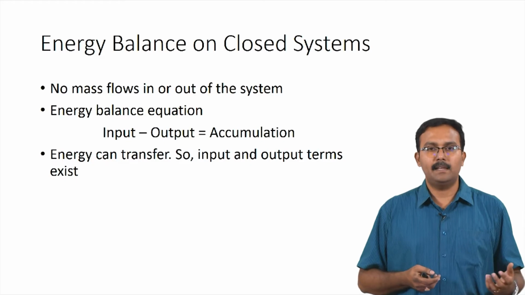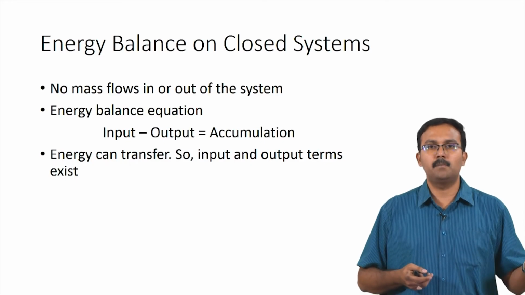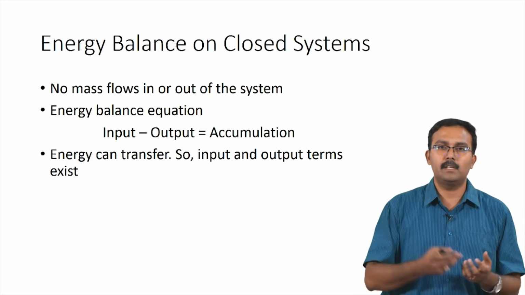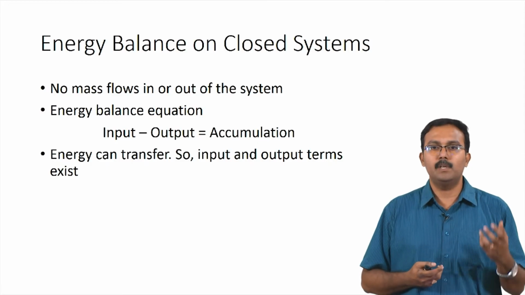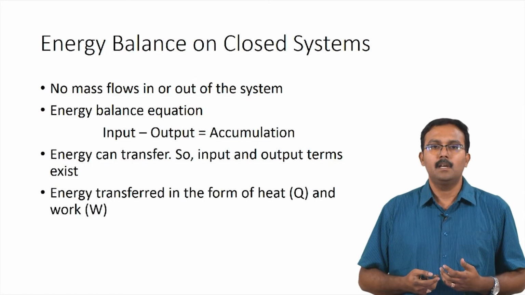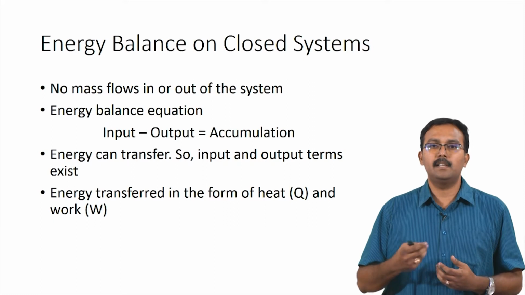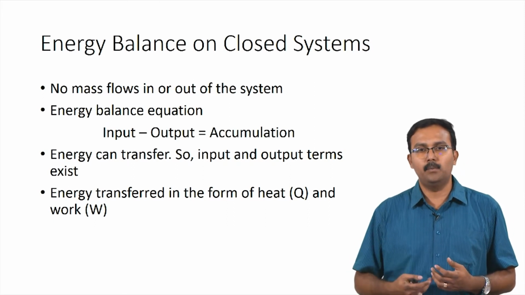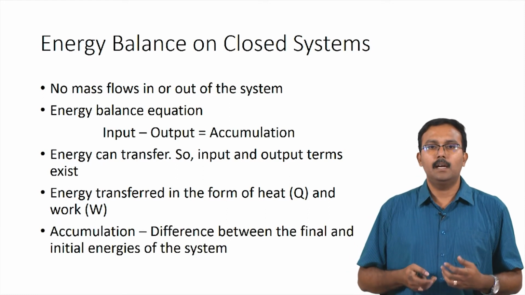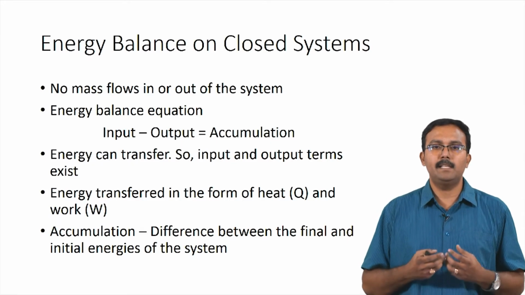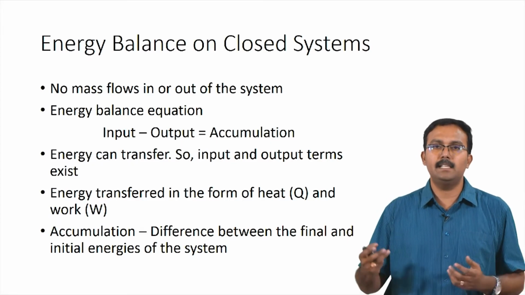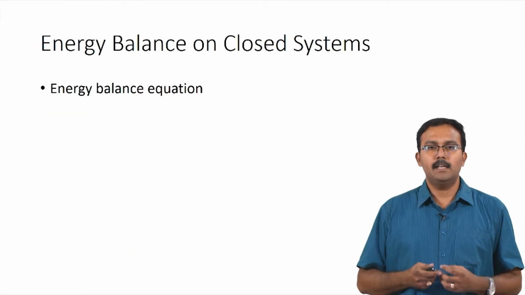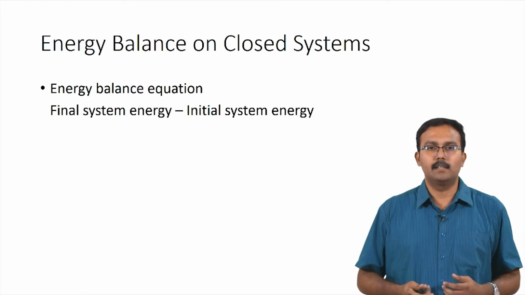So, energy can be transferred from one system to the surroundings or from the surroundings to the system. This means there would always be input and output terms, and energy can be transferred in terms of heat and work, which we already saw, and accumulation would basically be the difference between the final and the initial energies of the system. Energy balance equation will basically look like this.